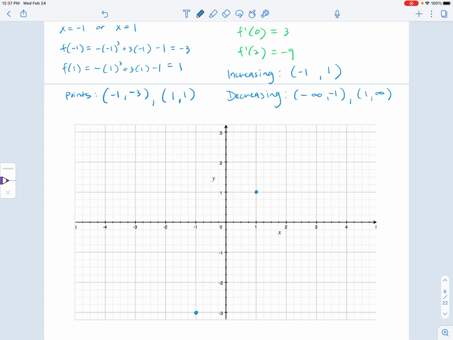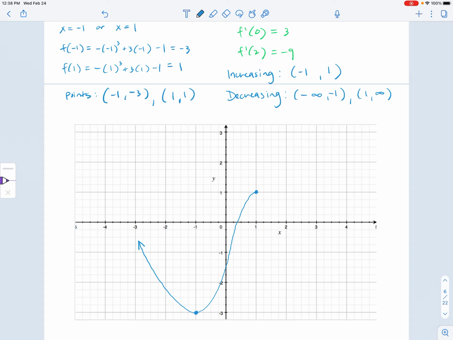Now, between -1 and 1, the graph is increasing. I also know that polynomial functions are smooth, continuous graphs, so I want to make sure there's no sharp corners. And then we know from -infinity to -1, the graph will be decreasing, so it'll have to curve up going to -infinity like that.